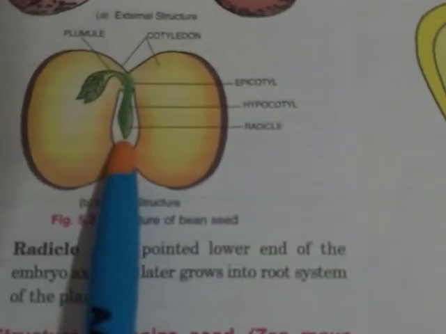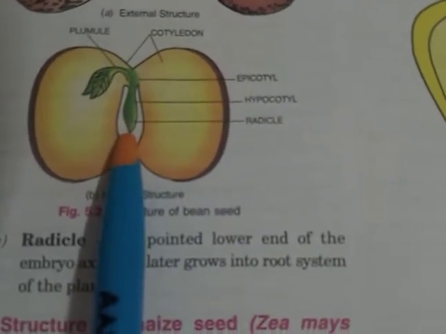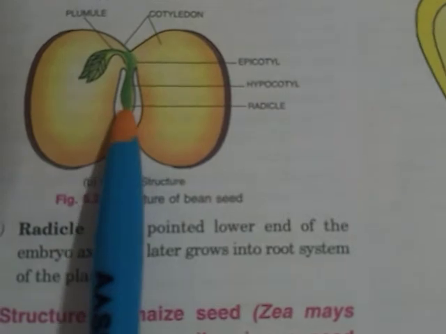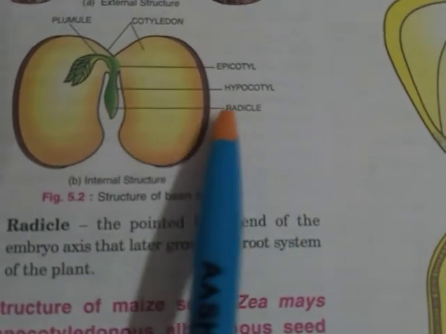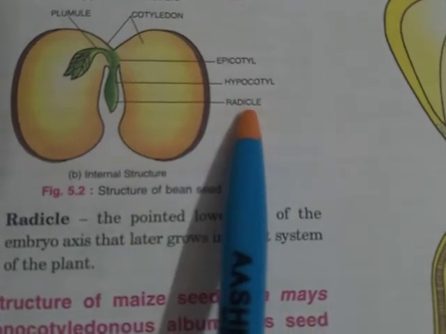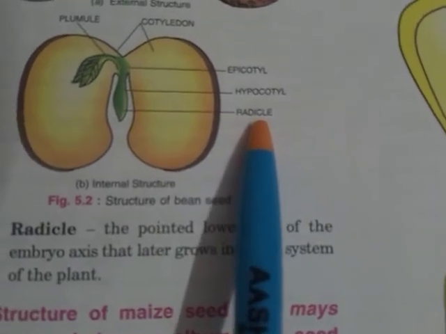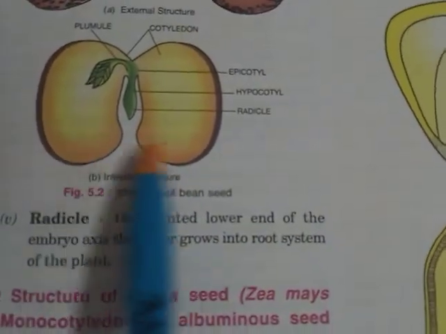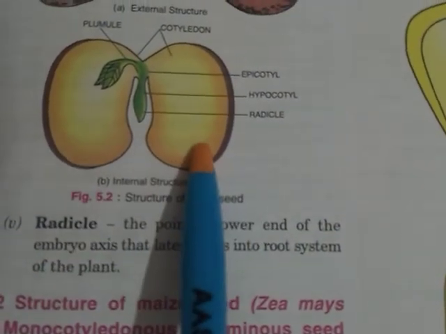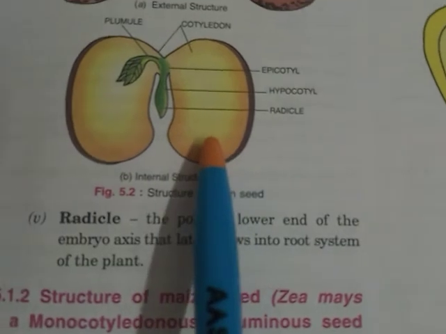So this pointed end of the embryo axis forms the radicle, and in the later stages of germination, this radicle forms the root system. So this is all about the structure of a bean seed, which is a dicotyledonous exalbuminous seed.